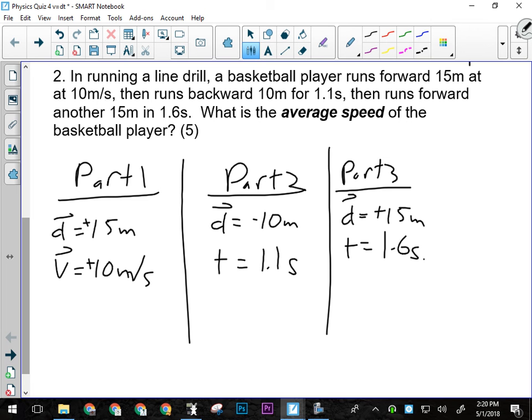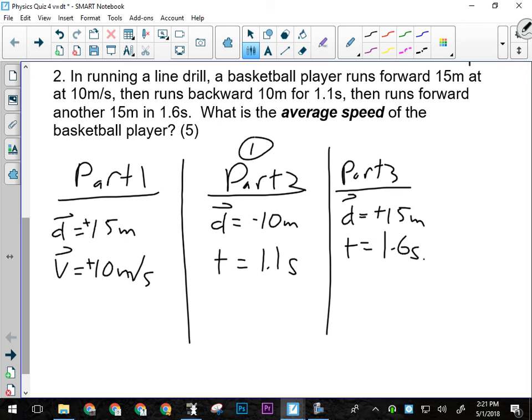We're looking for the average speed of the basketball player. First off, givens, 1 mark. If I'm going to know the average speed, what two things do I need? Total distance and total time. I've got distance and time for 2 out of the 3 parts.